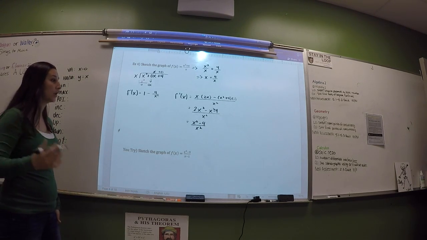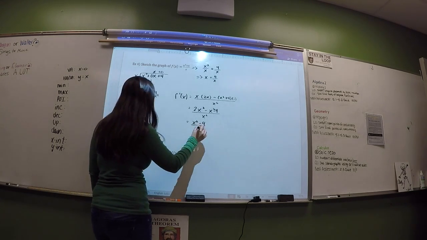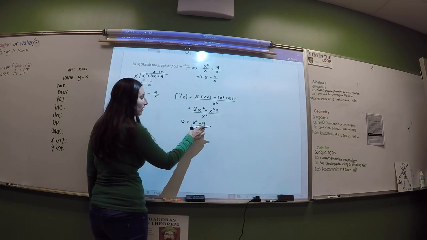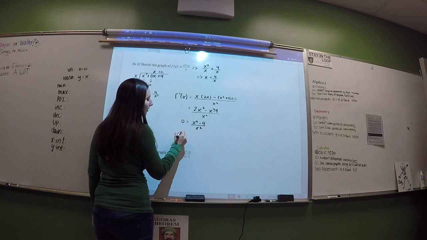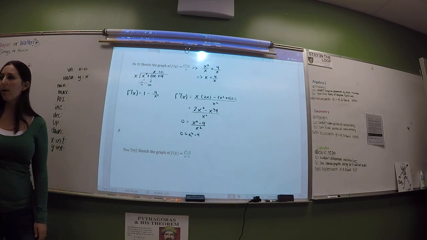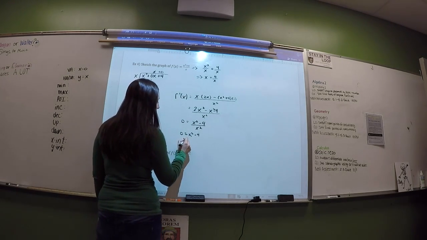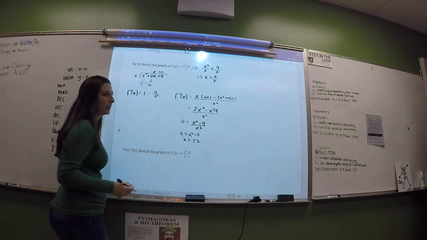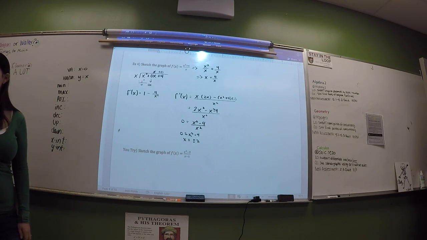Either way, you want to try to set it equal to 0. If we set this one equal to 0, when you multiply the x squared over, you just get 0. So you're solving x squared minus 4, which we know has 2 and negative 2 as the solutions.